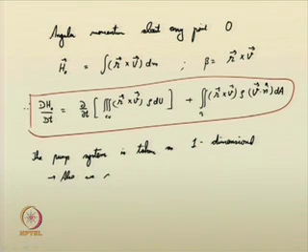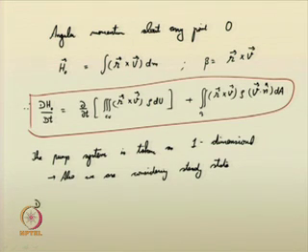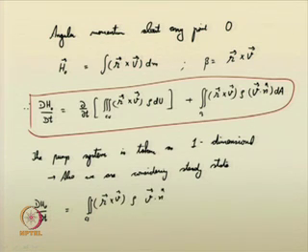Also, we are considering steady state conditions. So we can have dHO by dt now equal to the integral of R cross V rho V dot n.